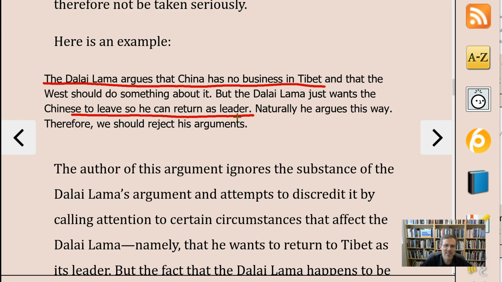So in this case, rather than responding to whatever argument the Dalai Lama made for the claim that China should not be in Tibet, the speaker just said, well, whatever argument the Dalai Lama made, I'm not going to accept it as legitimate because he must just be arguing for it because he has something to gain by his argument being true. Now, in fact, this might be some reason to be suspicious of the argument, but it's actually no evidence in itself that the claim that the speaker made is false.